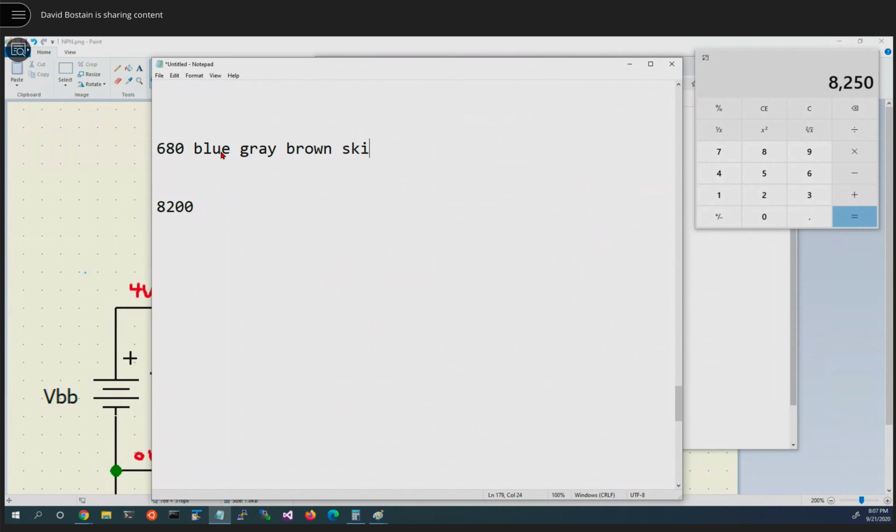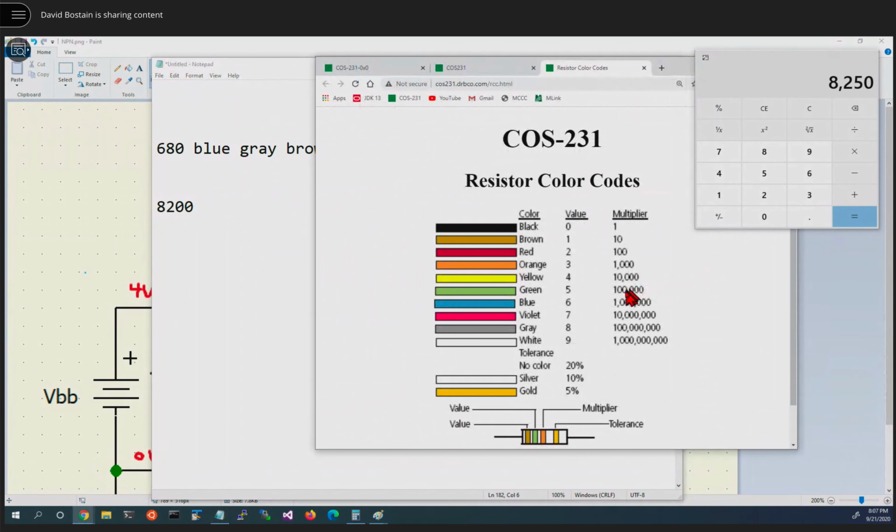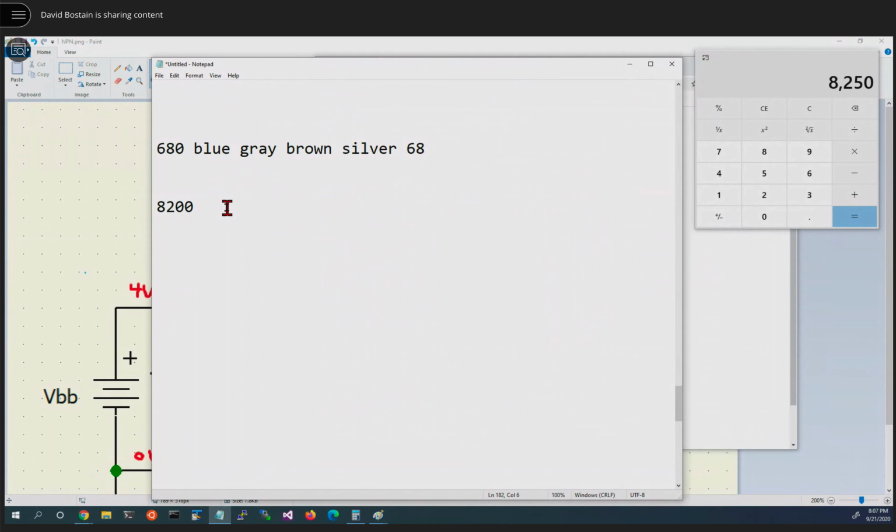And we said 10%, so it's silver. While we're here, we're going to write down what 10% is. The other guy is 82. Gray, red, and then 2 zeros. Gray, red, red. And again, silver. And 10% of him is 820.